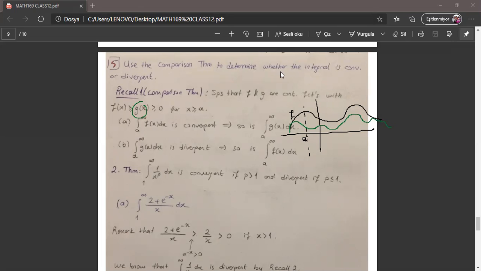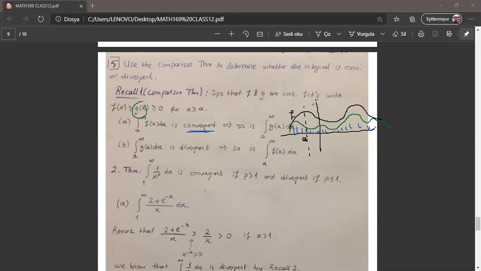When we compute the area, the integral of f, it says it's convergent. It means the limit of this area is finite. And we see that the limit of the area below g should be less than the area of f, because g is less than f.